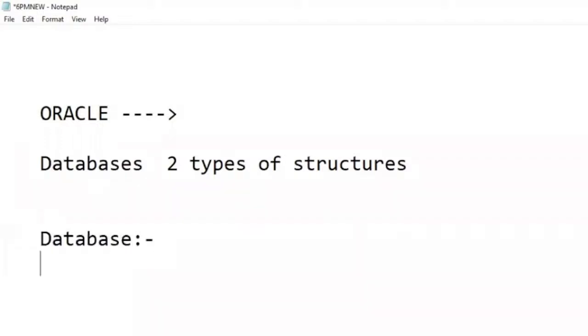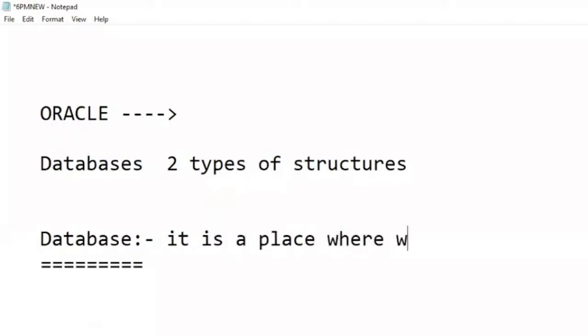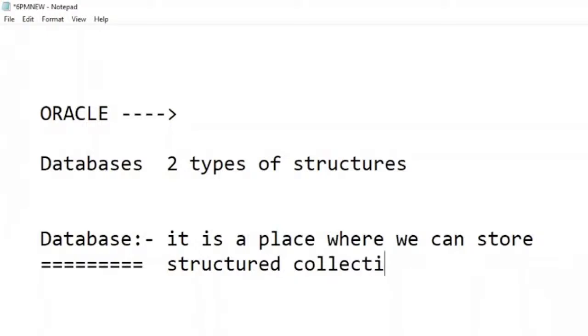What is a database? If you look in Google or in books, it is a place where we can store a structured collection of data in a computer system. Don't write it. What is data, what is information, what is DBMS, that is later. Structured collection of data.